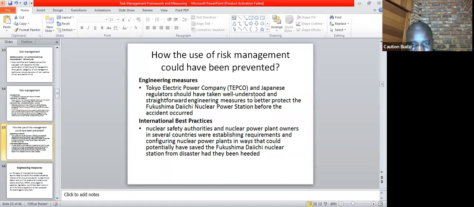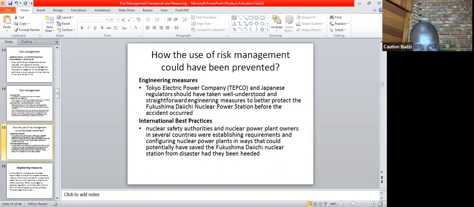Tokyo Electric Power Company and Japanese regulators should have taken well understood and straightforward engineering measures to better protect the Fukushima nuclear power station before the accident occurred. So we are going to look at the different engineering measures which could have been implemented.